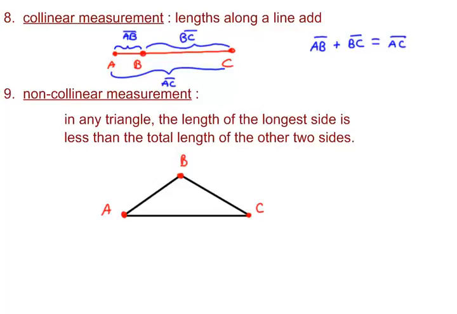If I take line segment AB and I add it to line segment BC. So we're going to take AB plus line segment BC. Oops. I don't want equals. There we go. How does that relate to line segment AC?